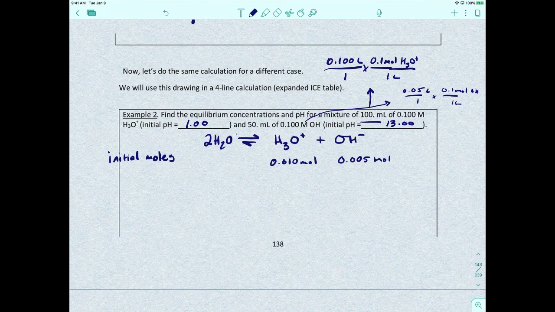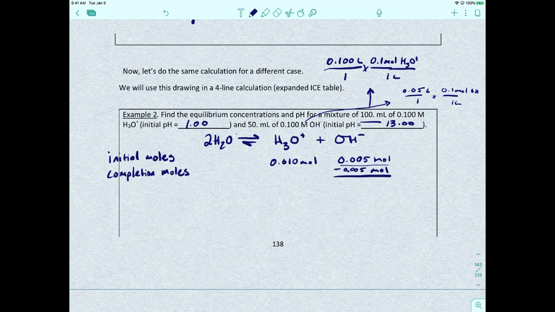Okay, so assuming we now have to deal with completion moles. Let me write this down. All right, so what we're saying now is which one of these is going to run out first? Well, since hydroxide ion is the one that's smaller than the acid, the hydroxide is the one that's going to run out. So what we're going to do is subtract the 0.005.